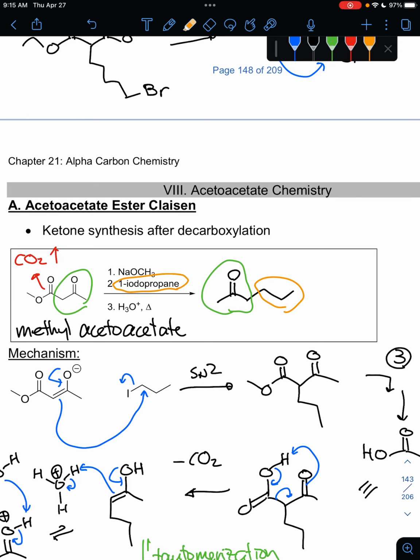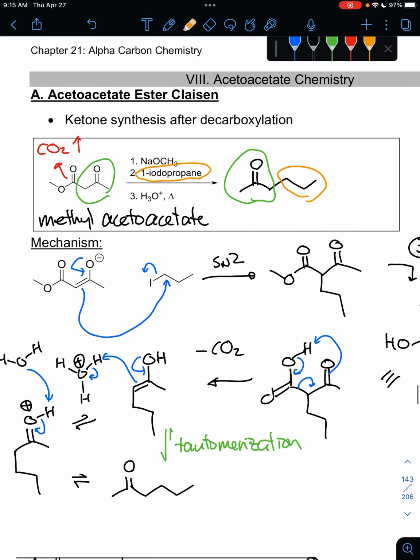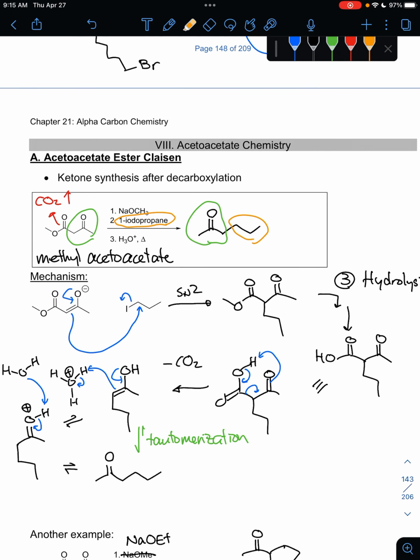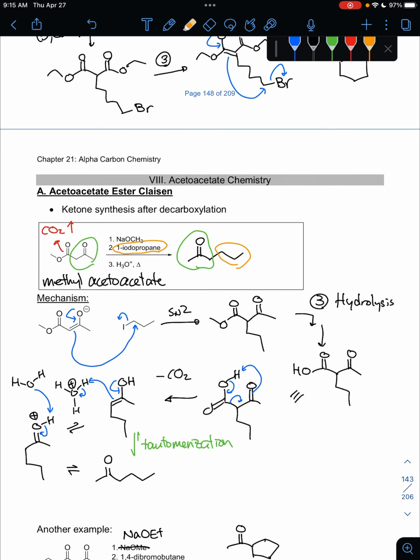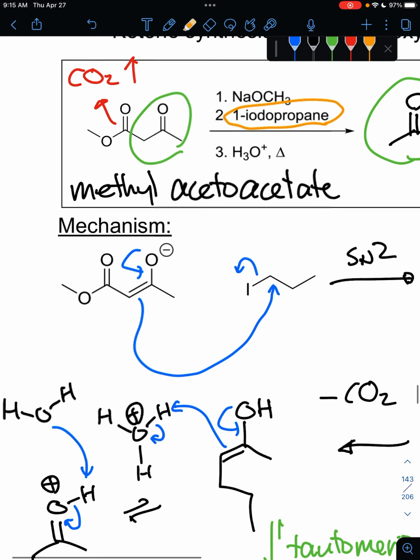And like we talked about in the last malonate reaction, you can use a different alkyl group with a good leaving group to alkylate the alpha position so that you can incorporate different groups, the orange part. If you swap that orange part out, you can make any ketone you want. It's a useful and effective synthetic method, and the chemistry works the same.